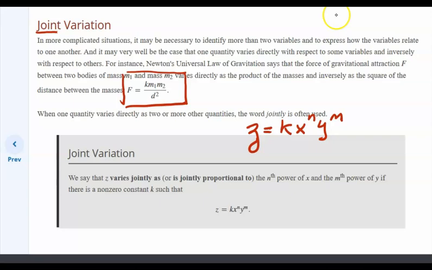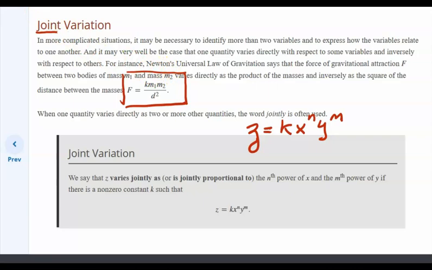All right, so in looking at these, what questions might you want to be able to answer? Well, here we're seeing in joint variation a combination of direct and inverse relationship, while here this is only direct. So keep in mind, in joint variation, there can be combinations of things.